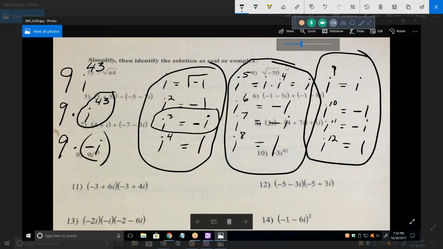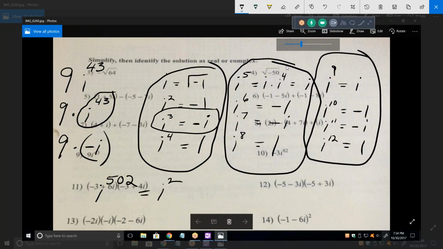Okay? If I said to you, i to the 502nd power, divide by 4, what's your remainder? Hang on, let me. Is that like 100? I don't know. It's just i? No, it's i squared. If you divide by 4, your remainder is 2.